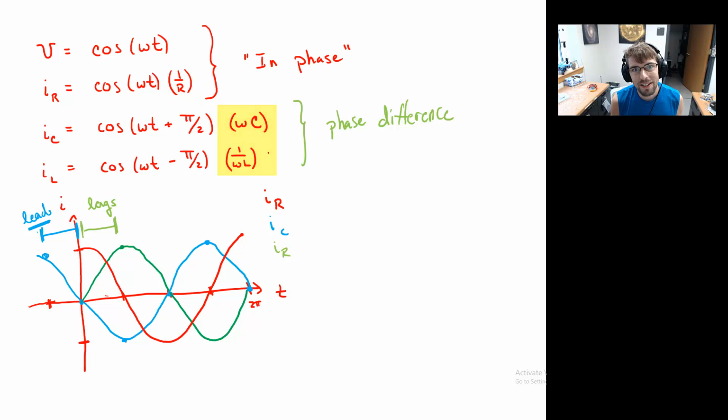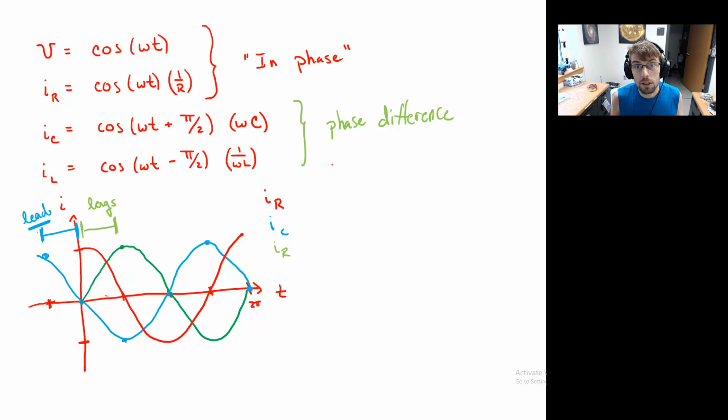For the capacitor and the inductor, you notice that it depends not only on the value that you choose for the circuit element, but also on the angular frequency of the applied potential. By doing an AC circuit, you actually change the magnitude of the output current.